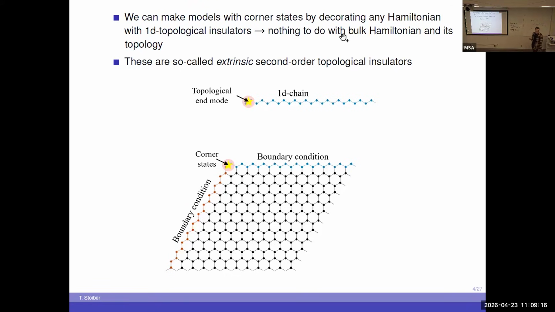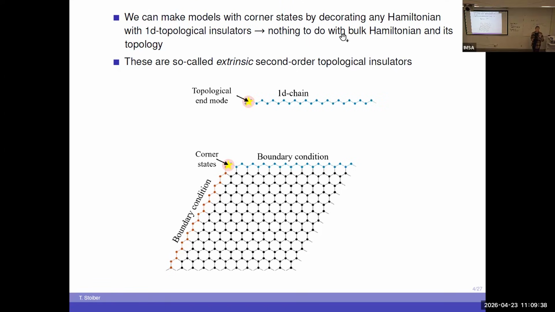Sorry, question. But if you add individual states, that can only add an integer charge. To be topological, you want fractional. Technically, these corner states are protected, but they are protected by a common gap of the bulk and the surface model.